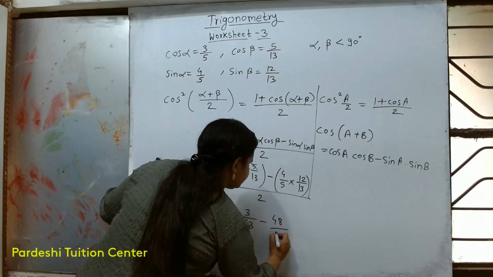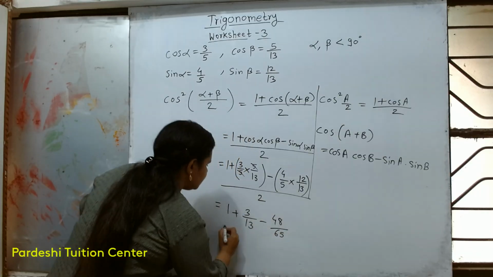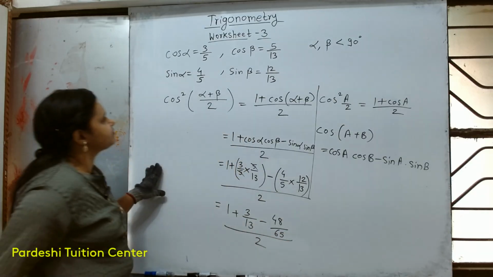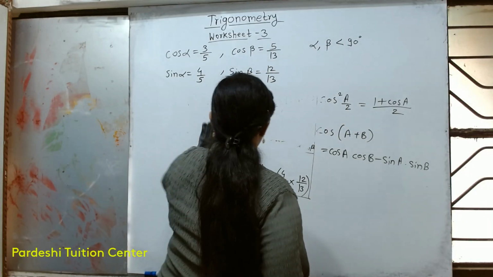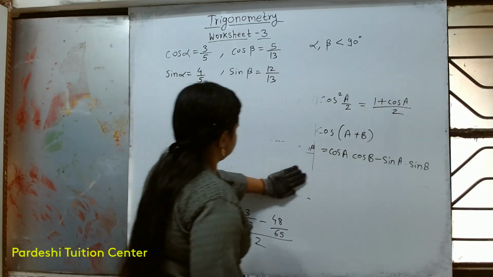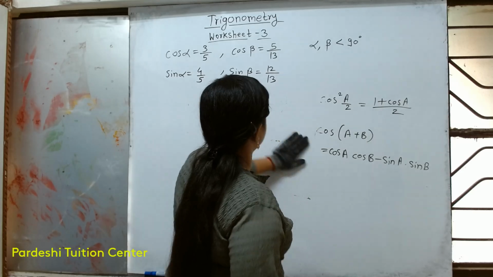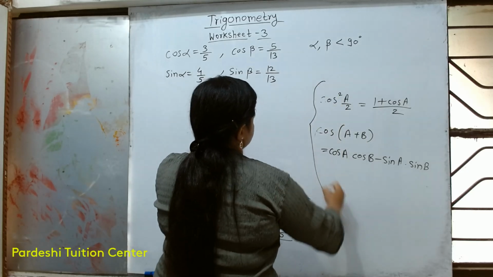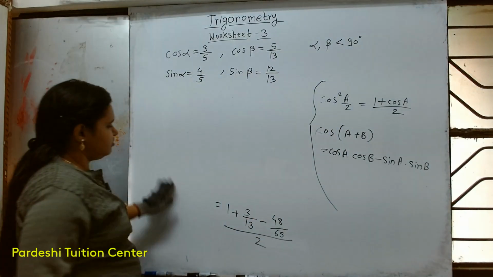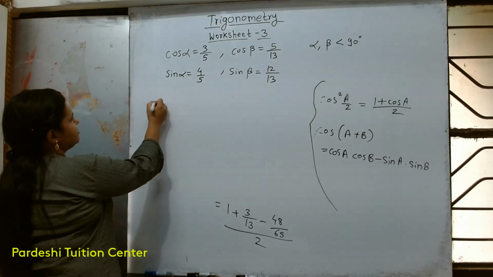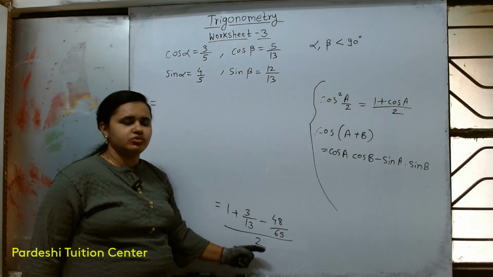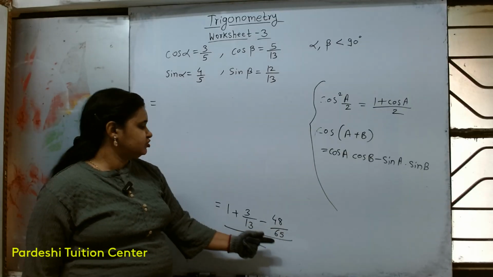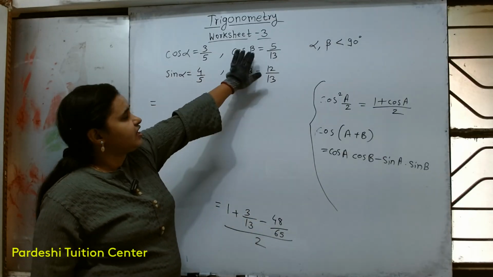So it will be 48 upon 65, all upon 2. Now we have got the equation as 1 plus 3 by 13 minus 48 by 65, upon 2. We have just put in the values of sin alpha, sin beta, cos alpha.